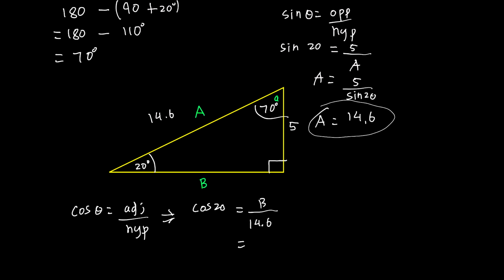So this means that B is equal to 14.6 cos 20. And now putting this in our calculator gives us 13.7 units. And we know that this is most likely correct because the adjacent is smaller than the hypotenuse, and the hypotenuse is the longest side in a triangle.